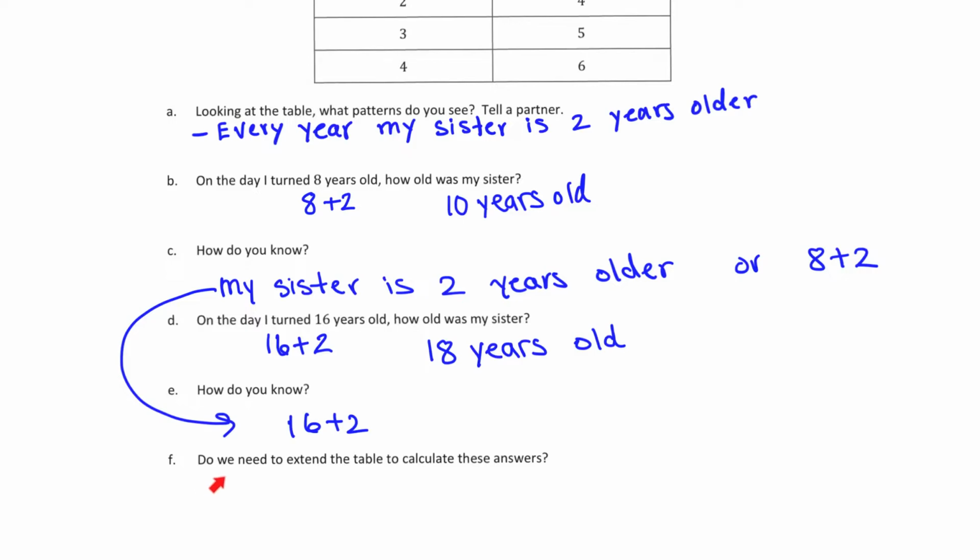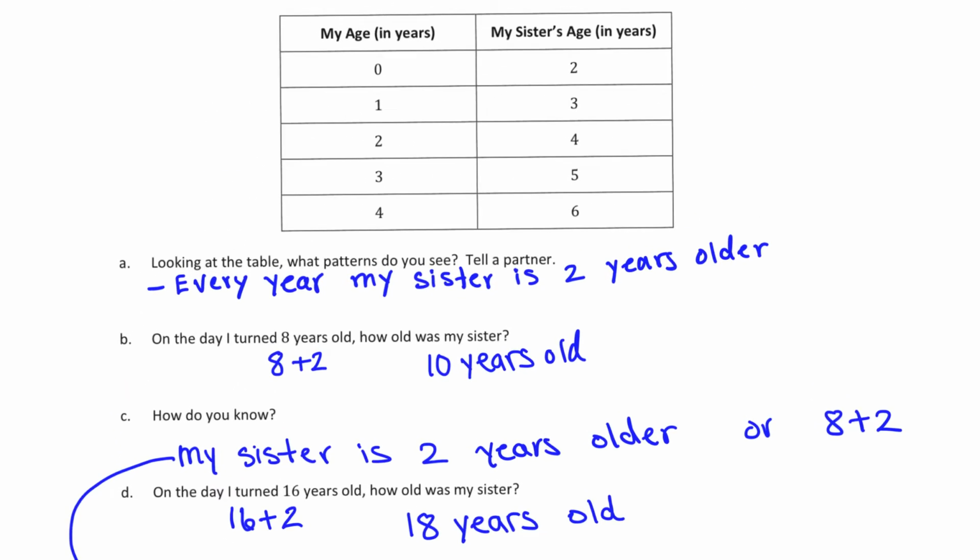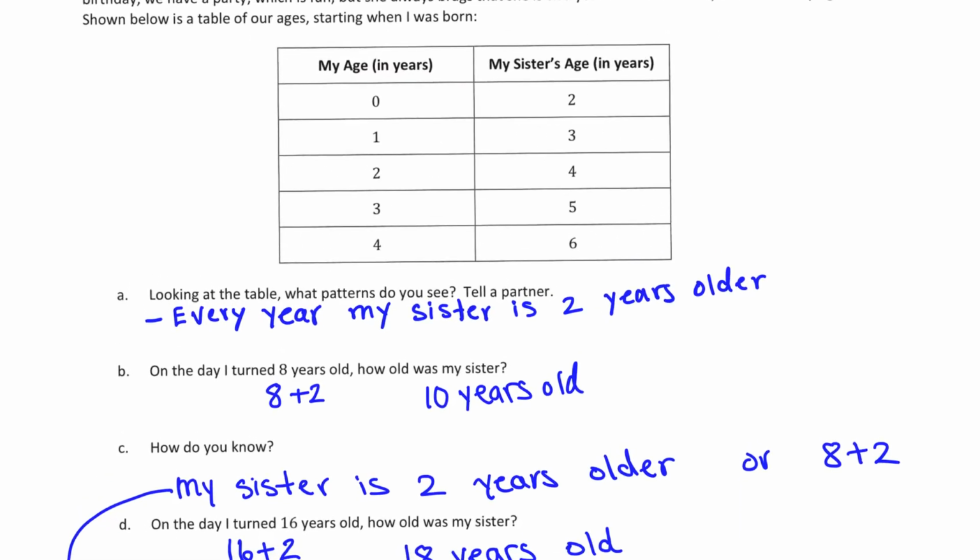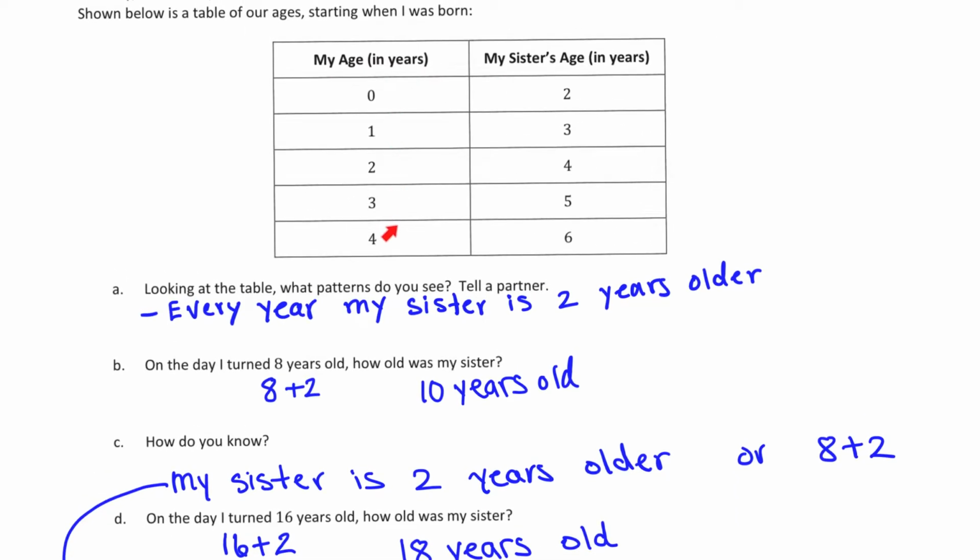Do we need to extend the table to calculate these answers? And it is possible, you know, some people might say, you know what, I want to complete the table and show them all the way to 16. It is possible, but it does take a lot of work. It might take you longer to get your answer, right?